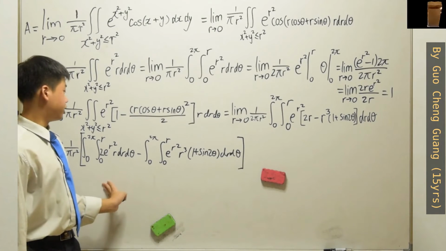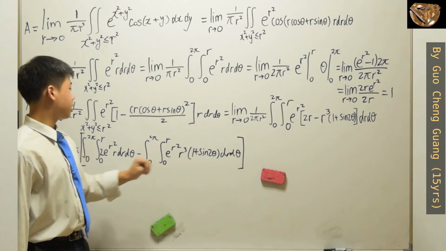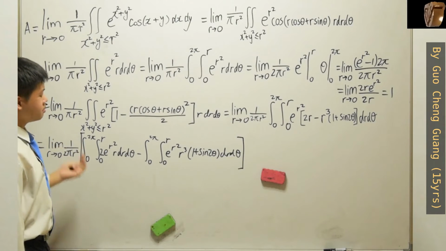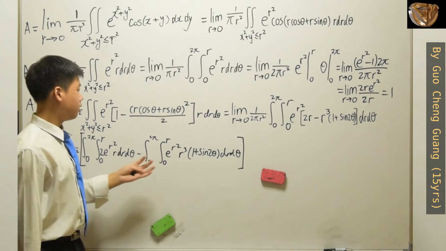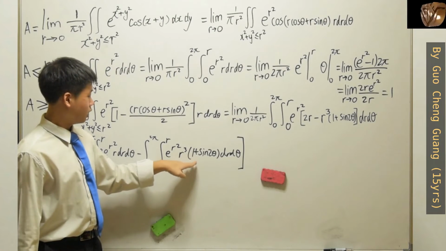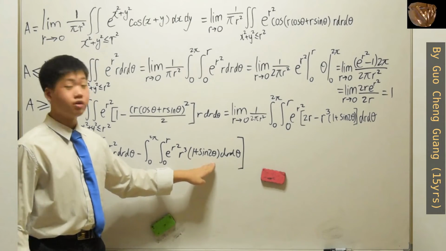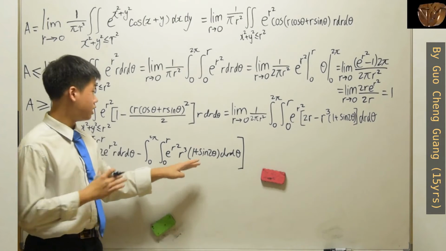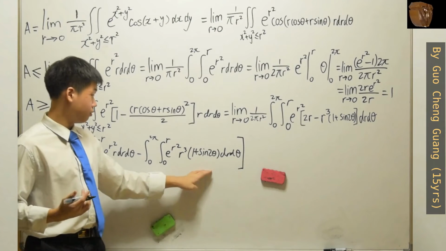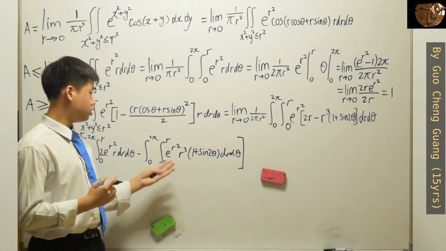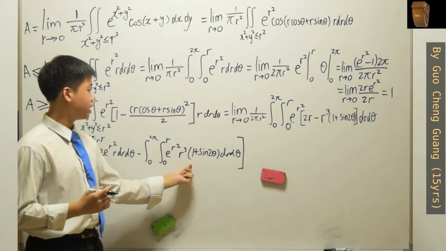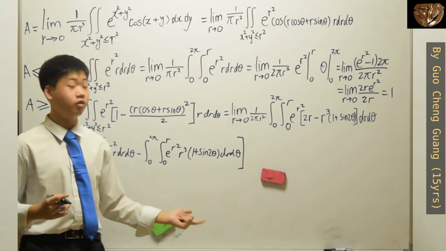Okay, so that's for your first part. Now when you take a look at the second part, it seems a bit more complicated, right? Although what you can have is 1 plus sine 2 theta. You can integrate that separately since it is independent of the r, and it is multiplied onto the other terms with r. So you can integrate this part with respect to theta first.